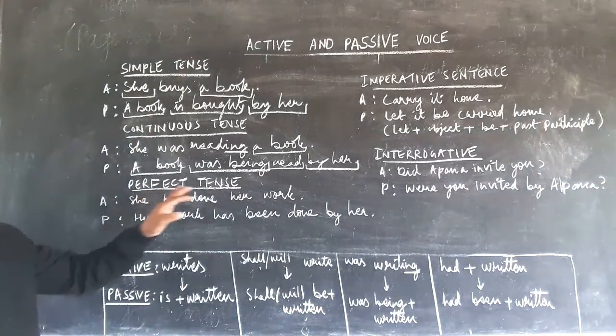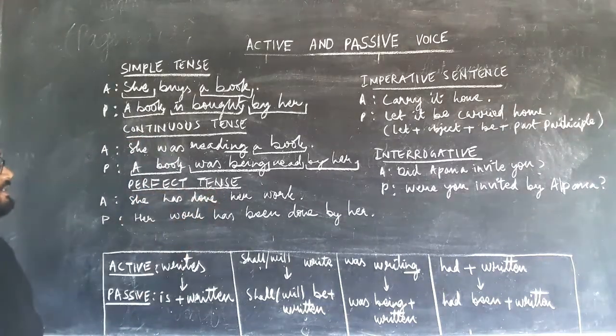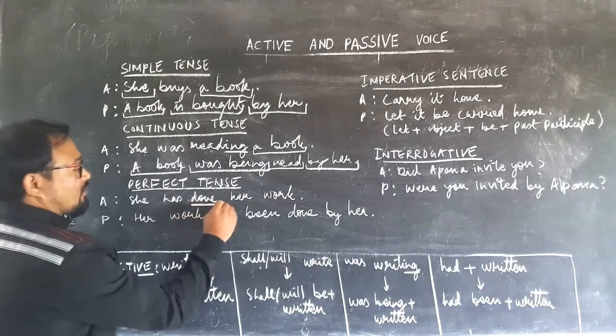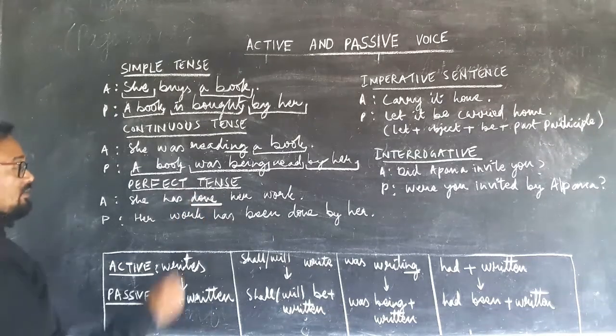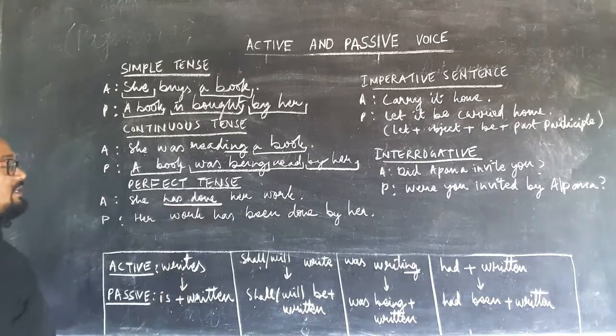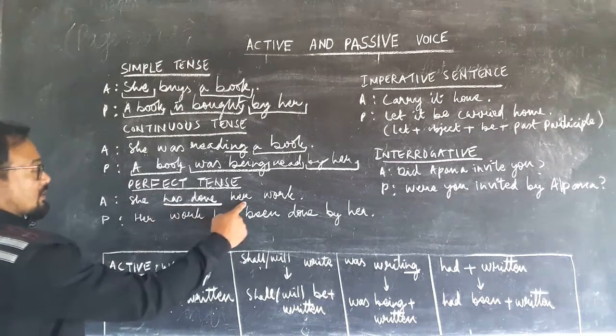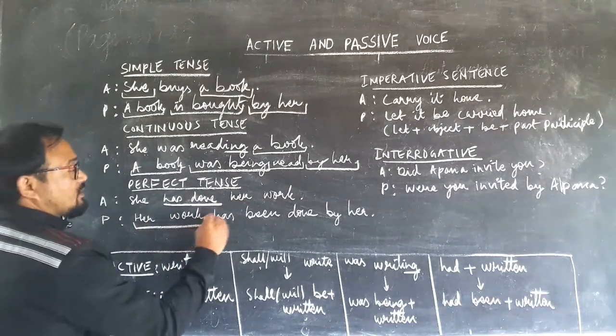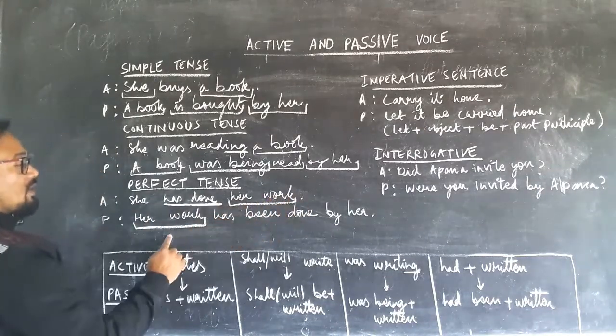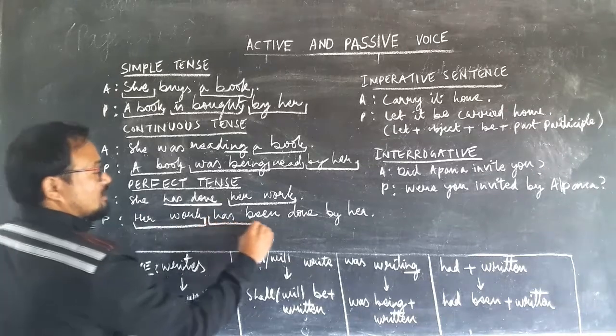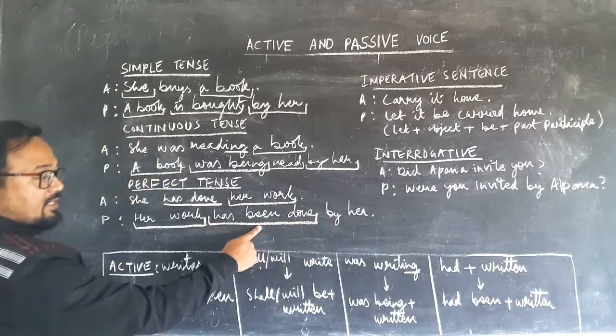Next, in a perfect tense, you can see here the verb is done, so this is already in a perfect tense. So again you will change, her work came here, her work has been done, the verb is here, has been done.